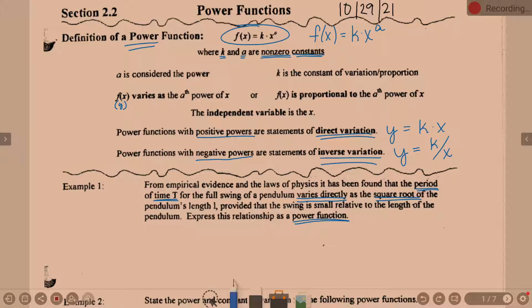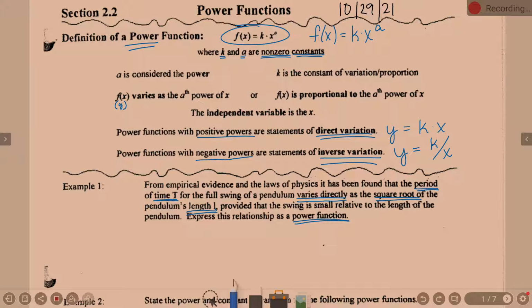Square root of the pendulum's length L, provided that the swing is small relative to the length of the pendulum. So, extra information there. Okay. So notice, the period of time t varies directly as the square root of the length L.